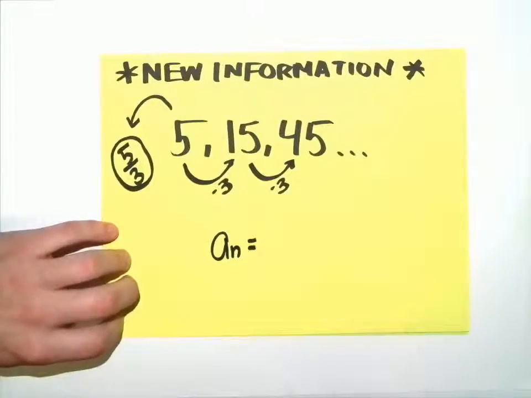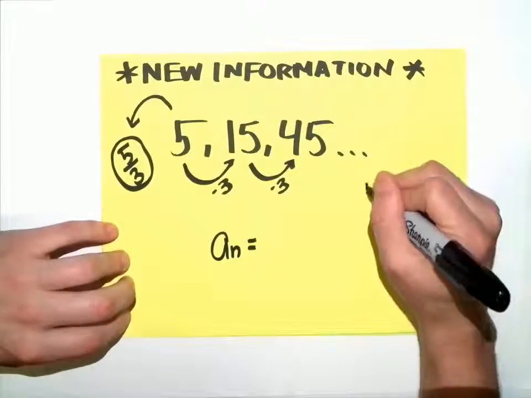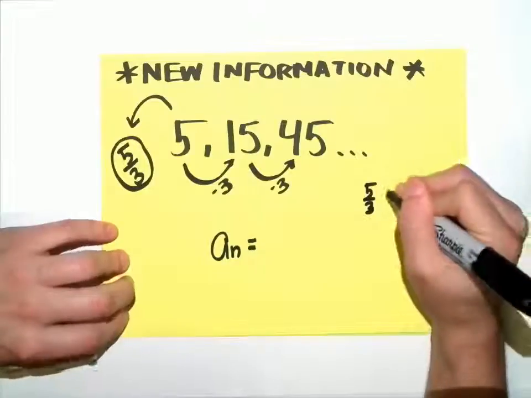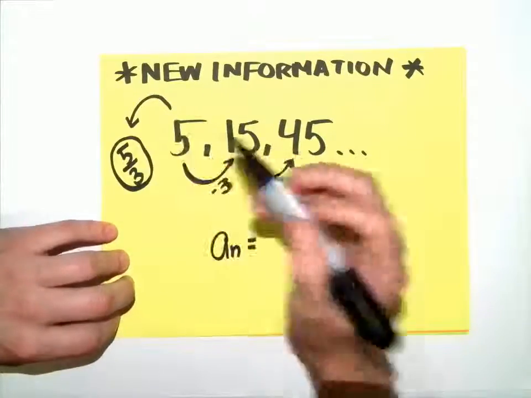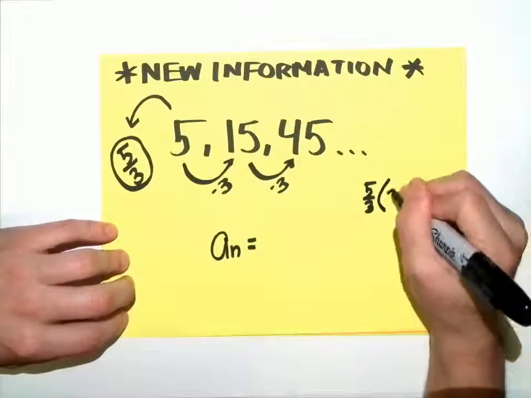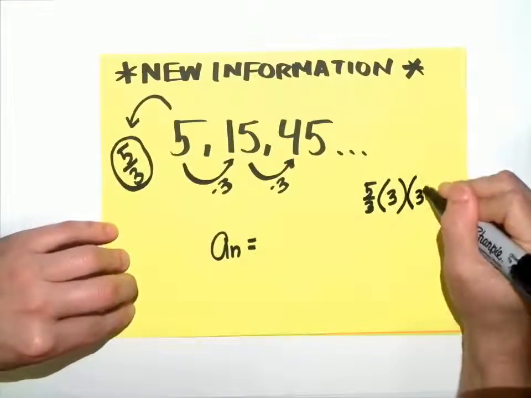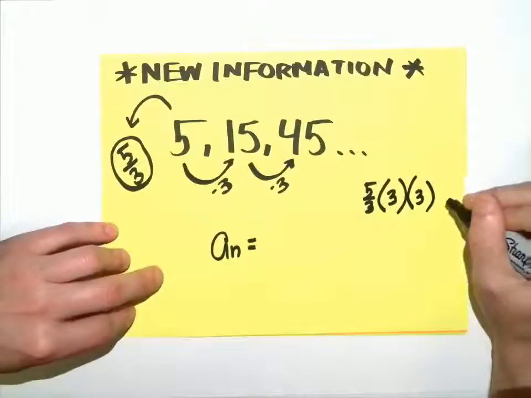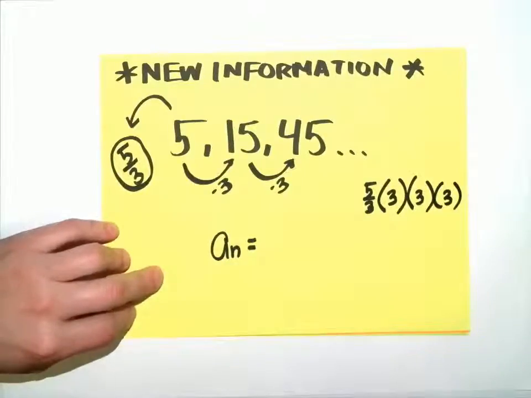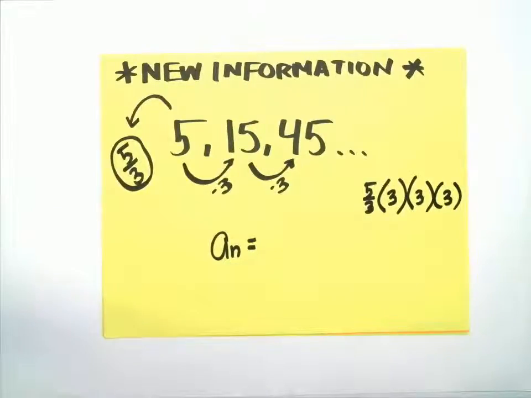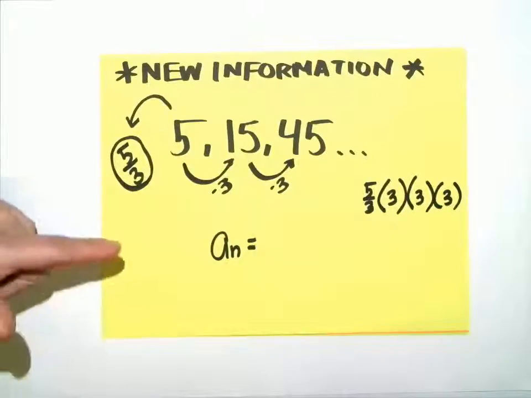We kind of have to think about this a little bit. We're starting at 5/3, and the way that we get the next term, if I wanted to get from here to 5, I'd have to multiply by 3. And if I want to get to the one after that, I'd have to multiply by 3. And the one after that, I'd have to multiply by 3. In the arithmetic sequence, we were adding and adding and adding. And now we're multiplying and multiplying and multiplying.